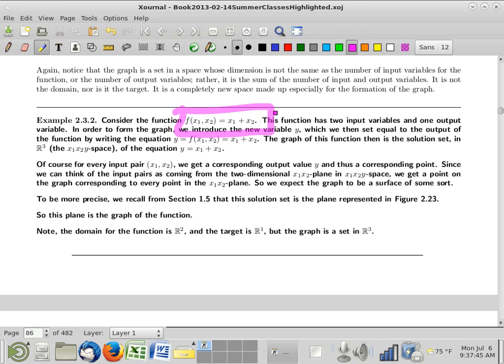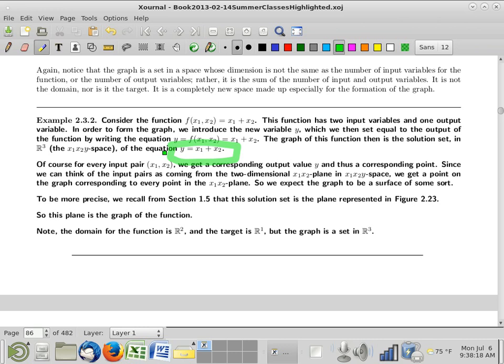What does that mean? Well, following the process says take the output values of the function, and again, set that equal to a new variable. In this case, only one new variable because there's only one output, and therefore we get this equation here. That's step one. That's step two, draw the solution set to this equation. Now, first of all, let's decide what kind of an object this is. We've got an equation that involves three variables now.